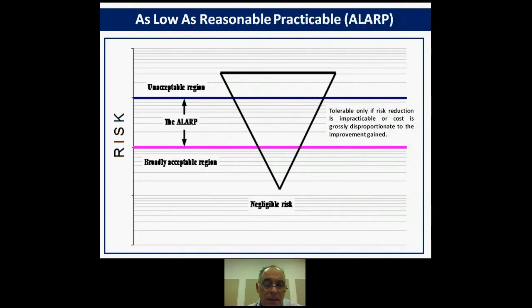And then we have the low risk region, which can be considered broadly as an acceptable region of risk, and something which we can live with.